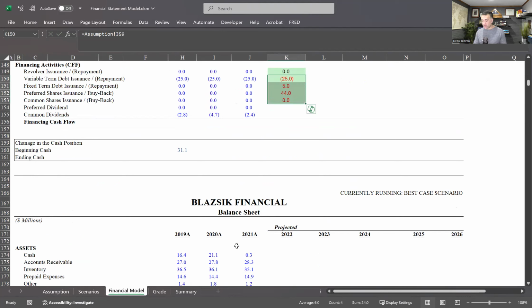So that would be a very quick way of just dragging it down real quick so you don't really have to think about it. And those are going to be a positive or negative on the assumptions. If we're buying it back, it's going to be a negative because it takes cash away. And we don't have to put a minus sign. It should just automatically do it.